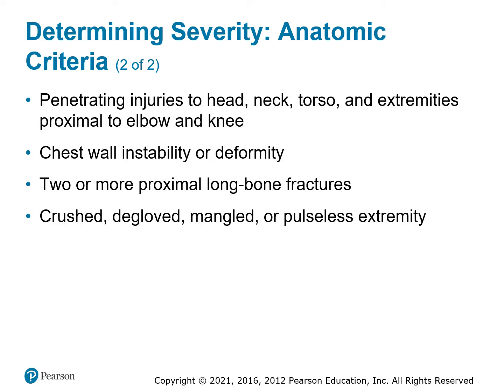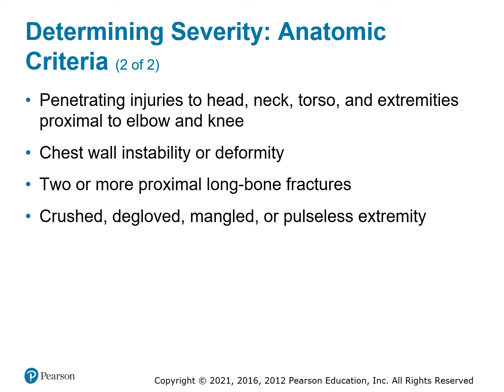Some more criteria from the anatomic standpoint: any penetrating injuries to the head, neck, torso, and extremities proximal to the elbow or knee. So basically anything above the elbow or above the knee to any other portion of the body, if it's a penetrating injury, should raise your level of severity. Any chest wall instability or deformity. We've covered that in previous chapters with what the underlying circumstances could be as far as the severity of the condition that's going on with the patient.